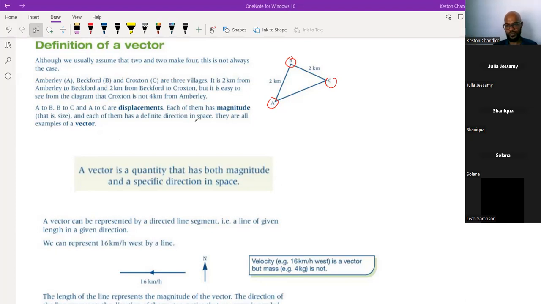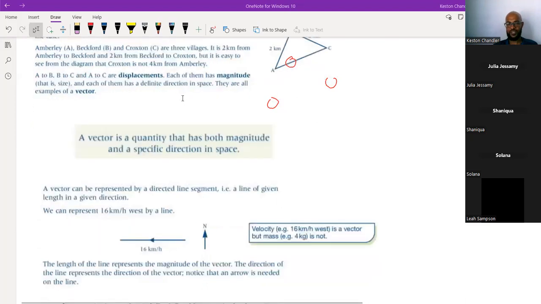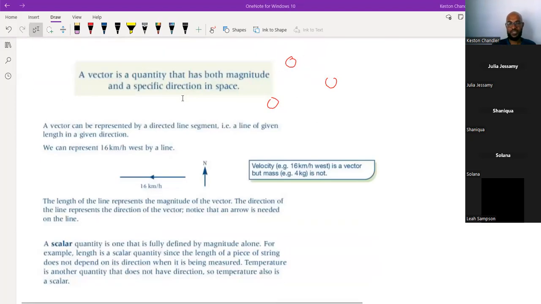So generally, vectors can be represented using these line segments, right? These are the line segments we're talking about. They have length, which we just refer to as the magnitude, and they have direction.